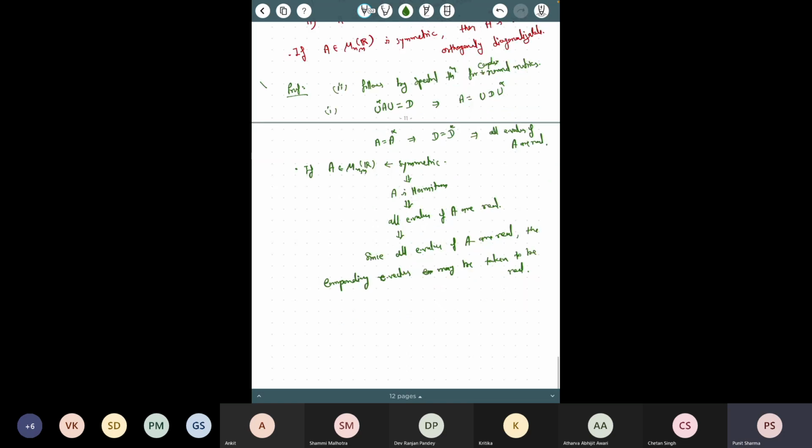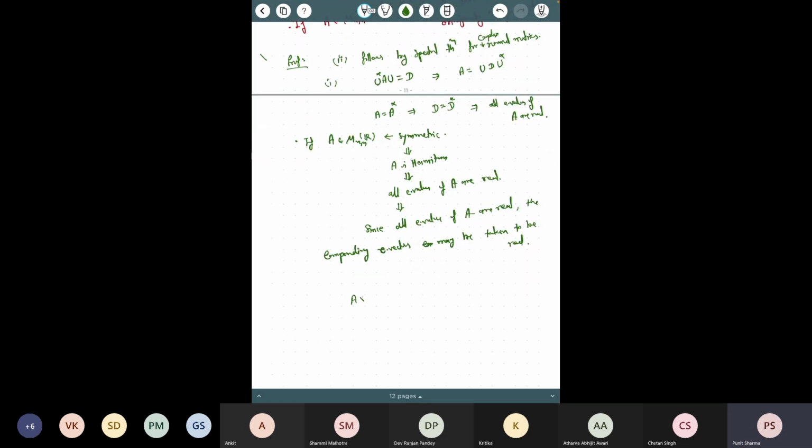Because if A is real, and even if X is a complex eigenvector, that means it is of this form, and lambda is a real eigenvalue, then this implies that AX1 equals lambda x1 and AX2 equals lambda x2. That way you can always choose n orthogonal, n real eigenvectors. You can always orthogonalize them using Gram-Schmidt, and then construct the real orthogonal matrix U such that U transpose AU is diagonal.